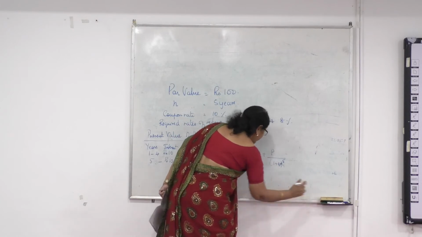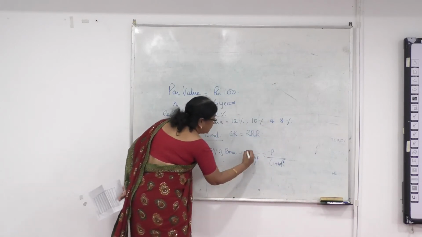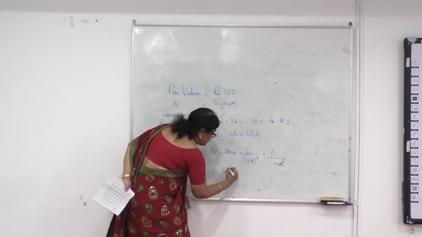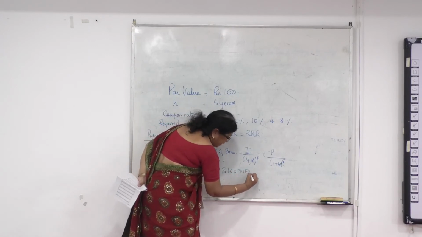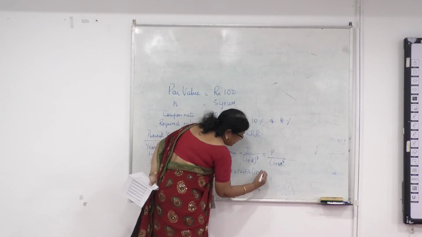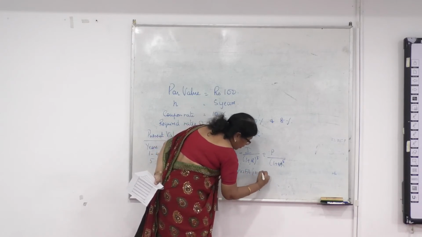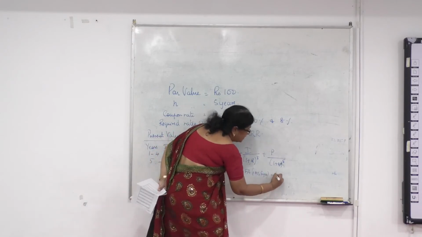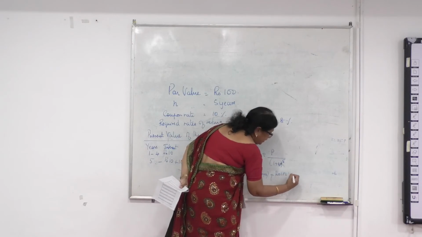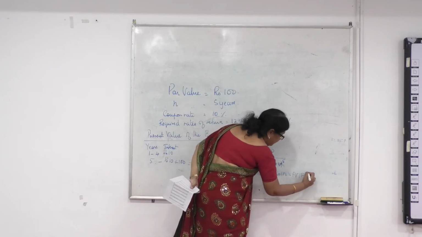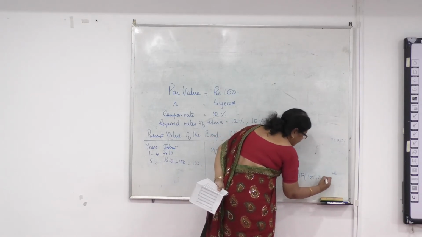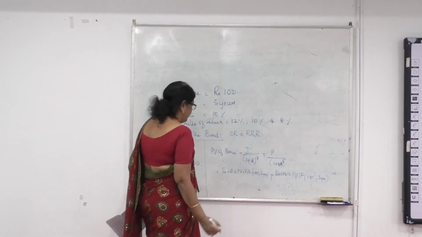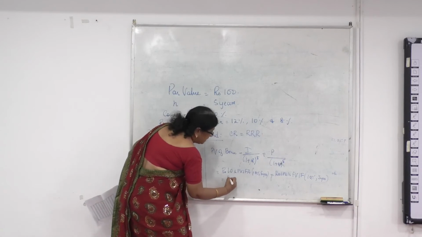This will be equal to rupees 10 into PVIFA at 10% for 5 years plus rupees 100 into PVIF at 10% for 5 years.